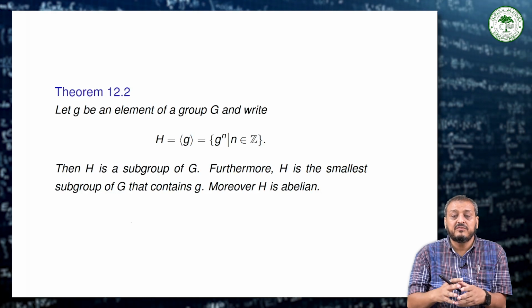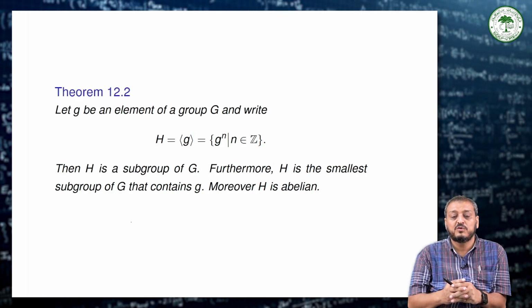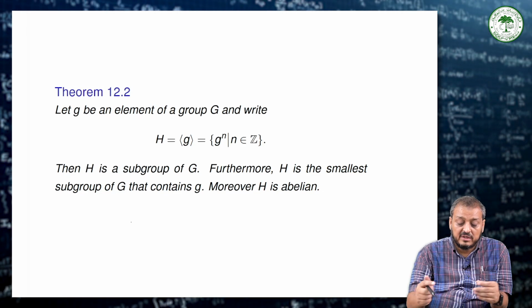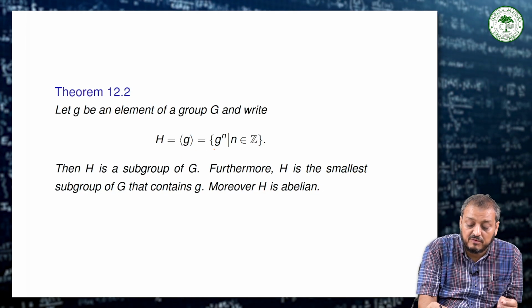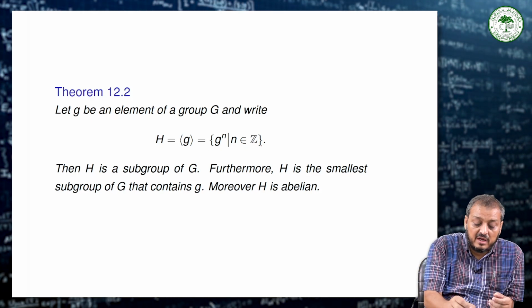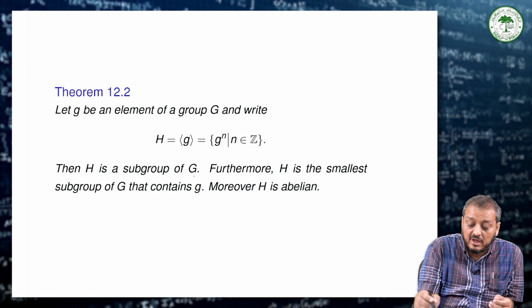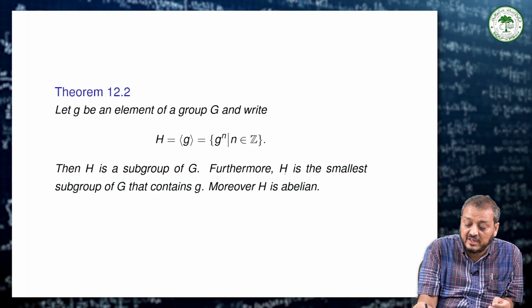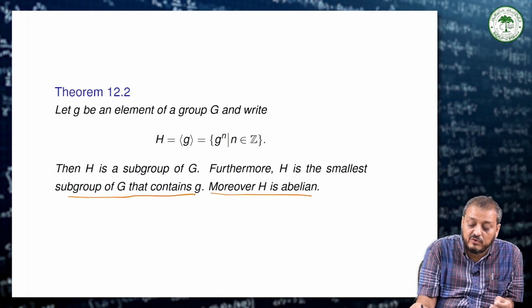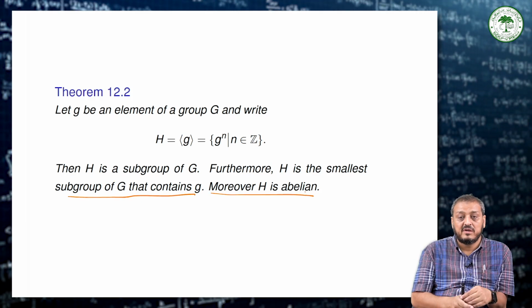Next we have another theorem. Let g be an element of a group G, and let H be written in the form g to the power n, where n belongs to Z. Then H is a subgroup of G, and furthermore H is the smallest subgroup of G containing g, and finally H is abelian.